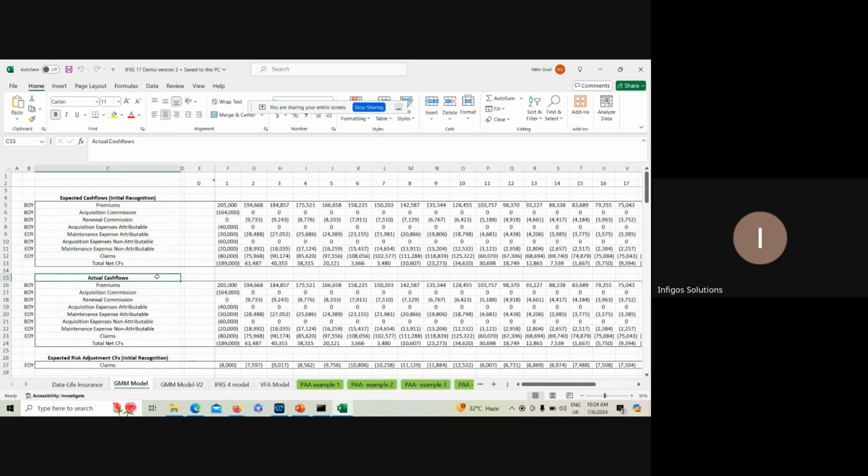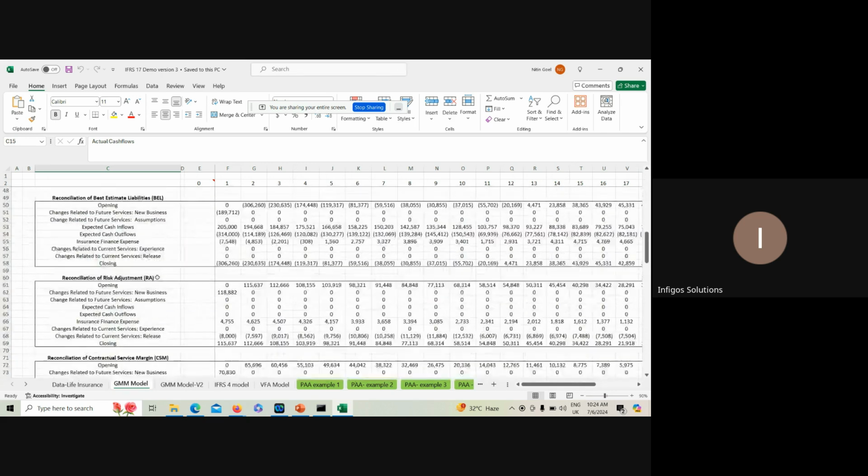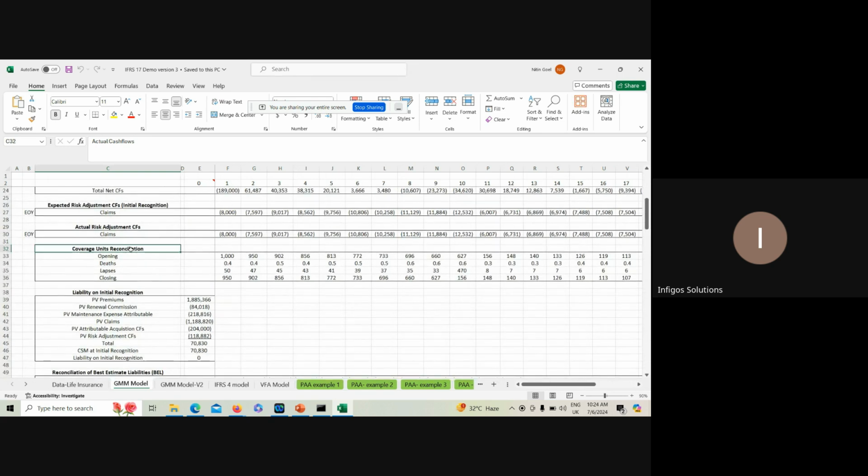Actual cash flow will come from the customer, and then I will have coverage unit. Coverage unit means how many units of the coverage I had. I had 1,000 policies. So initially I had 1,000 policies, and then I had death, then I had lapse, then I had closing.